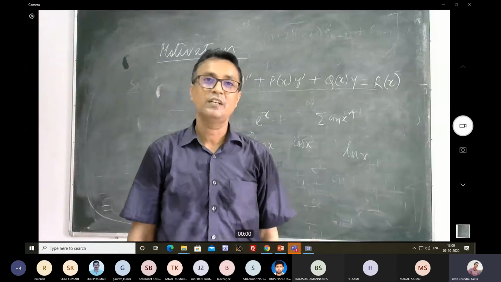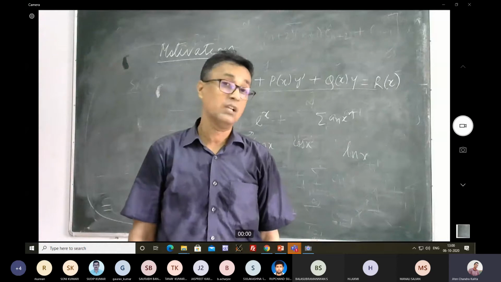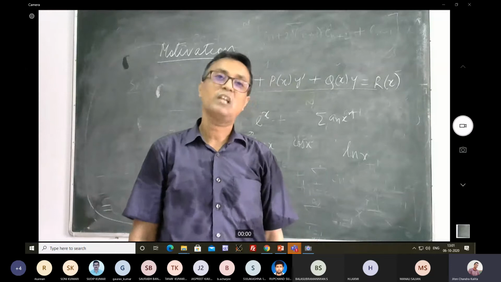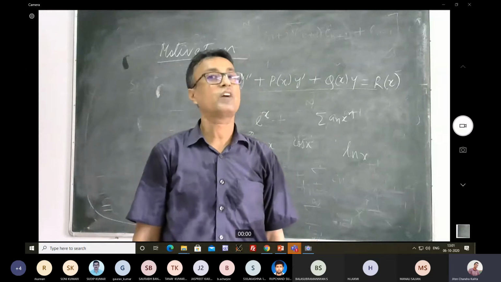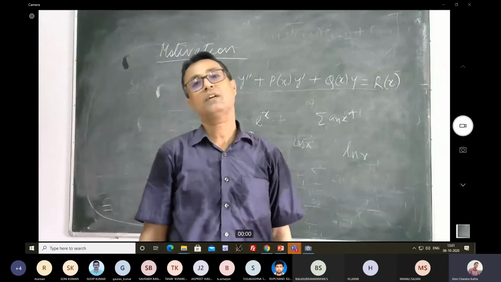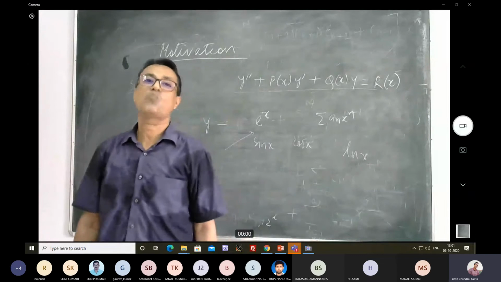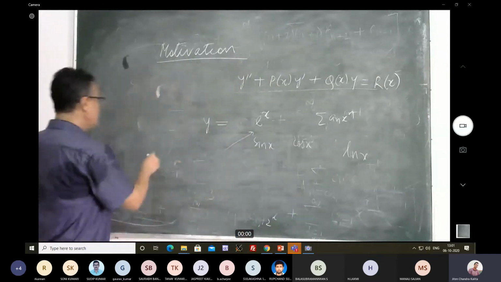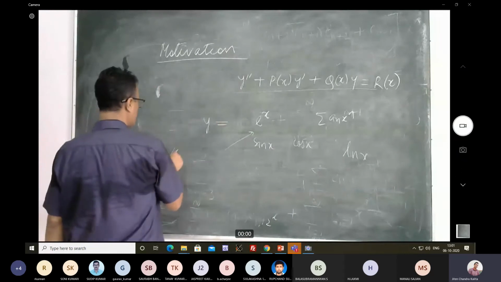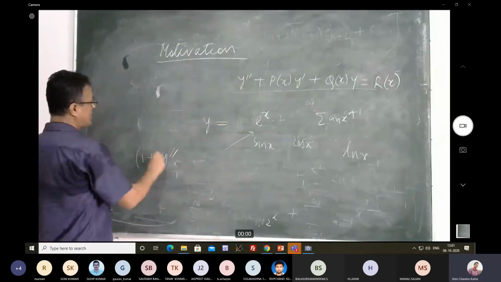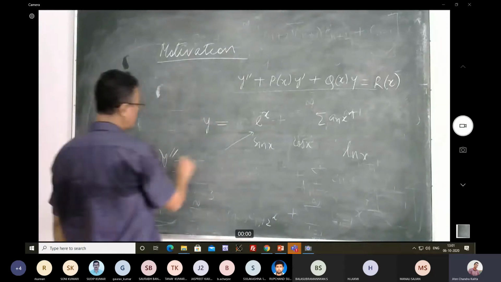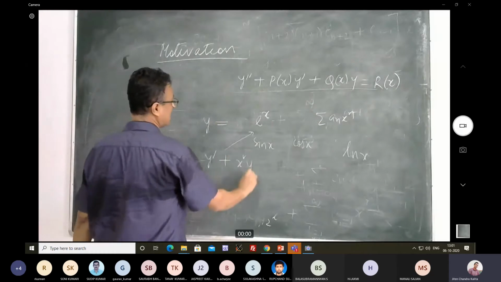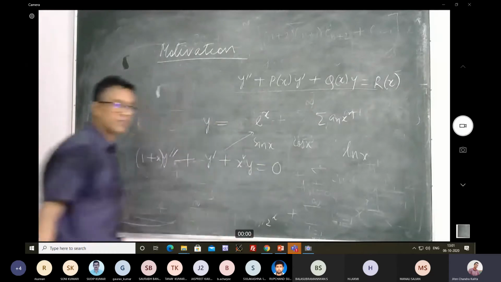We mathematically model real-life situations, and after modeling them through differential equations, we try to solve them and put them to work. Now, the differential equations that come out of mathematical modeling may sometimes be something like this, or something like this.